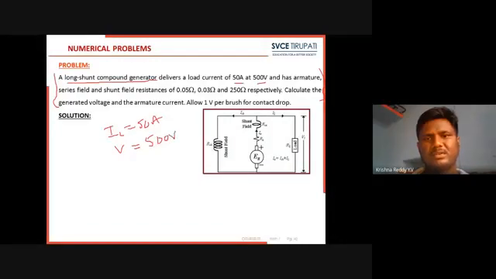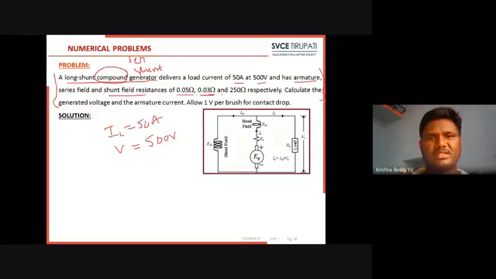It has armature, series field and shunt field resistances because it is a compound generator. Compound generator means it has series winding and also shunt winding. The given armature resistance value is 0.05 ohms, series field winding resistance is 0.03 ohms, and shunt field resistance is 250 ohms.